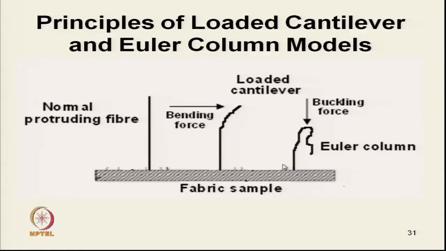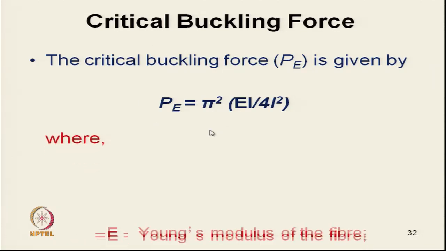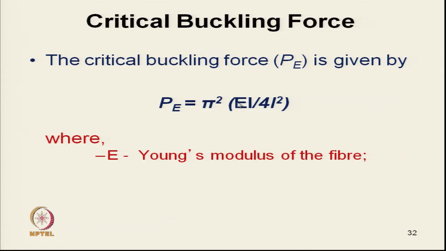Now, the principle is that this is a normal fiber, and here we can measure the bending force, and also the buckling force. The critical buckling force is given by the equation, where P_E is the buckling force and E is the Young's modulus of the fiber.